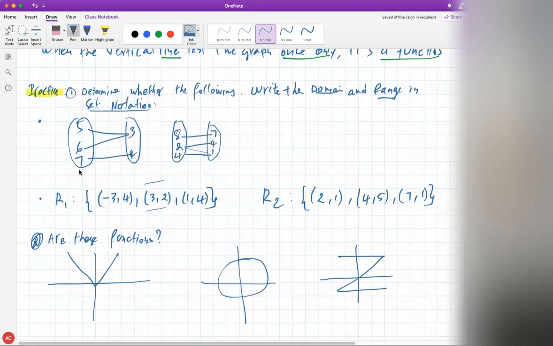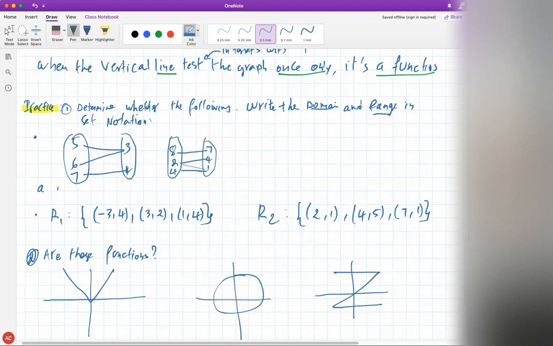Okay, so I should have said here: determine whether the following is a function, then write the domain and range in set notation. So we said the first one is a function. Let's write the domain and range separately.